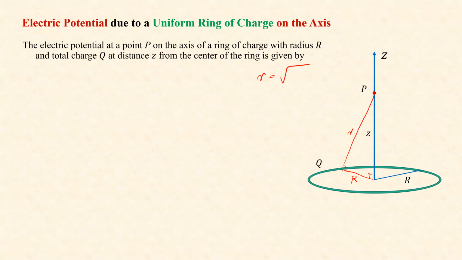It's square root of r squared plus z squared, right? So the dV for that piece, if it has dq, dV is equal to k dq over the distance, which is k dq divided by this square root of r squared plus z squared, right?